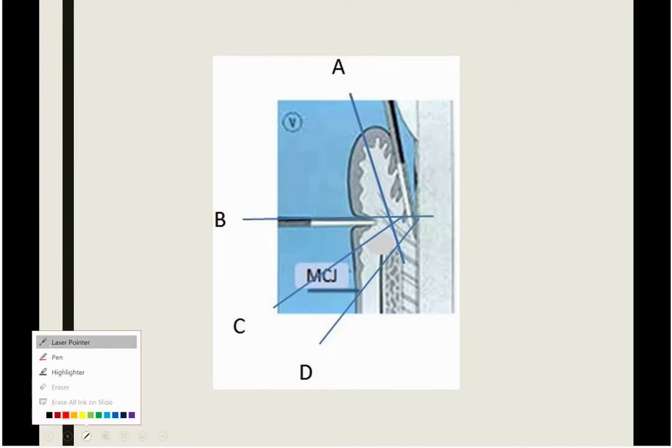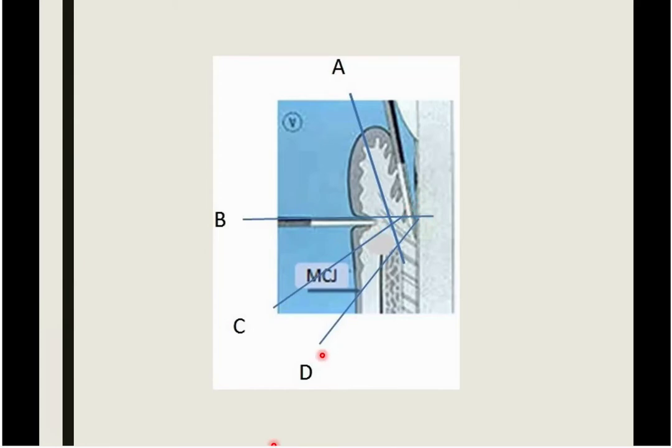My apologies. Okay, so now A, going from coronal to apical, is for a periodontal flap. I'm hoping that we never use B, because B is just horizontal and then you'd have a thick margin. C would be an orientation for the external bevel, and it would produce the gingivectomy.